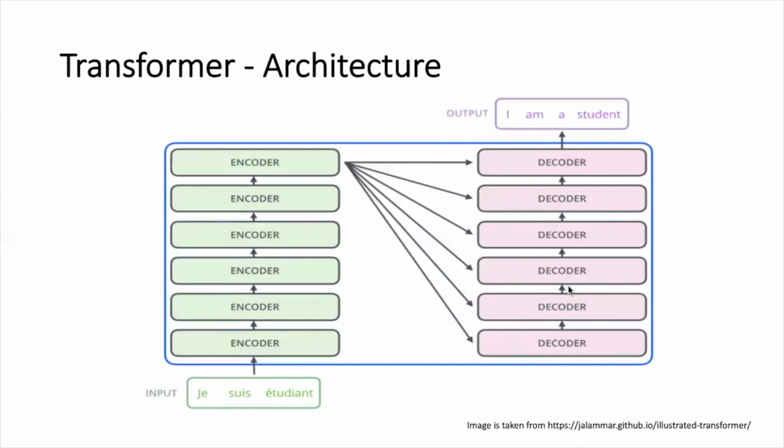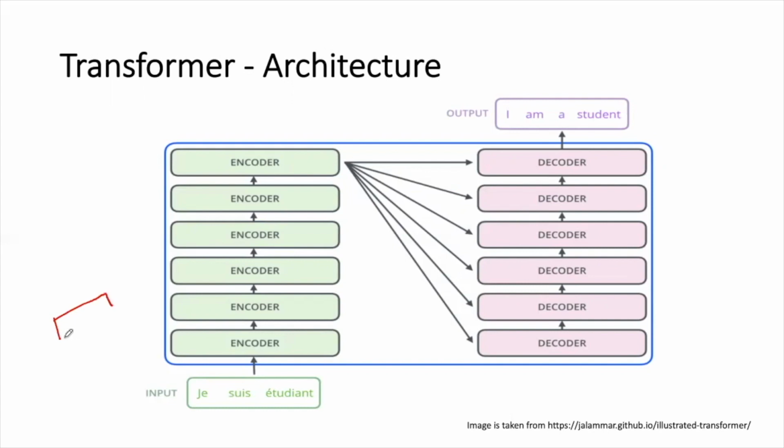If you look at a closer view, we see that the encoders are stacked on top of each other, and similarly the decoders as well. In terms of how the inputs flow through this stack of encoders, for each input word, for example here we have three input words, they are passed on to the first encoder block.